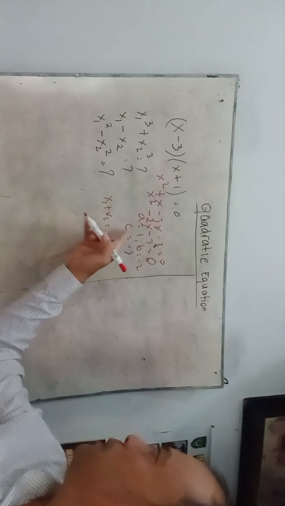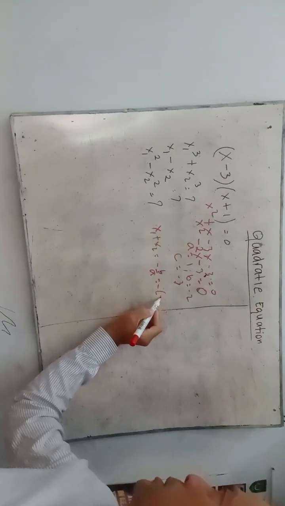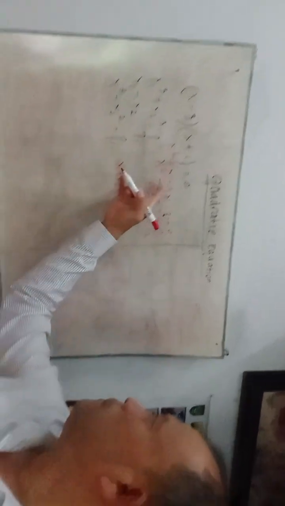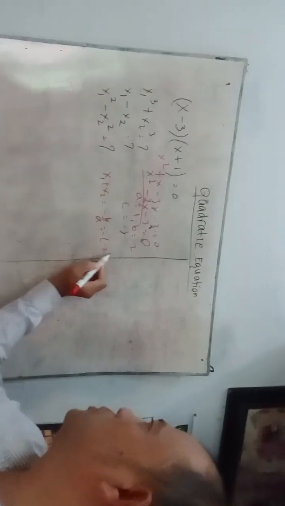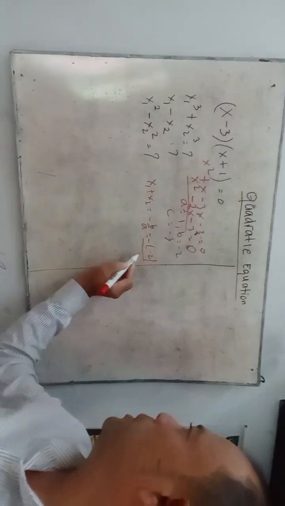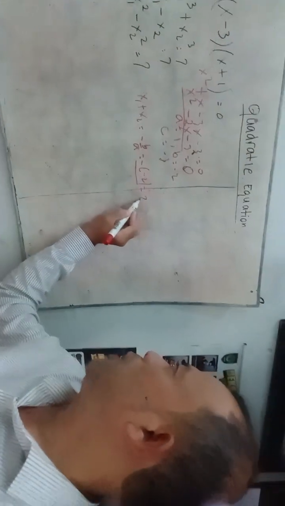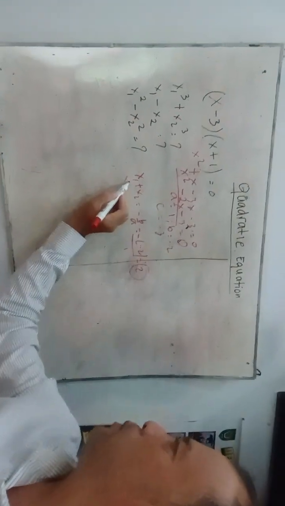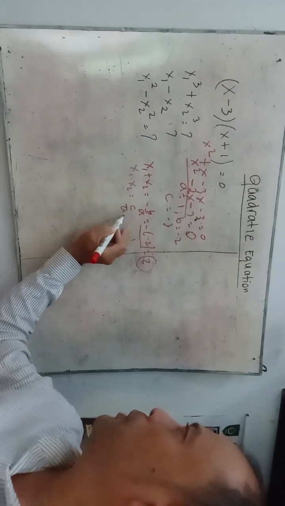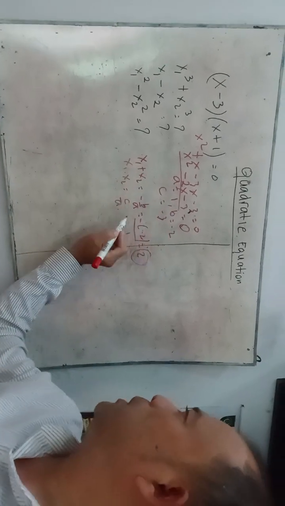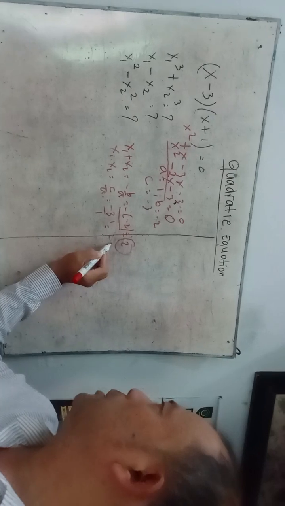Minus b is minus minus 2, a is 1, so x1 plus x2 equals 2. And then x1 times x2 equals c over a. We have c here, minus 3, minus 3 over 1 equals minus 3.